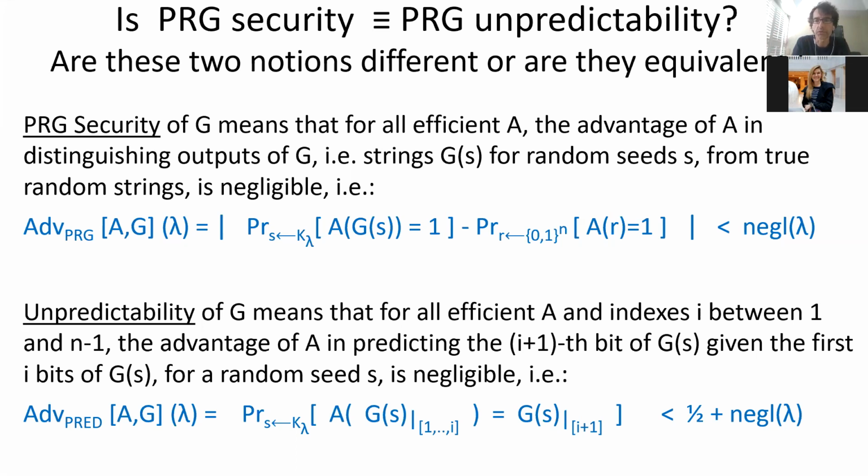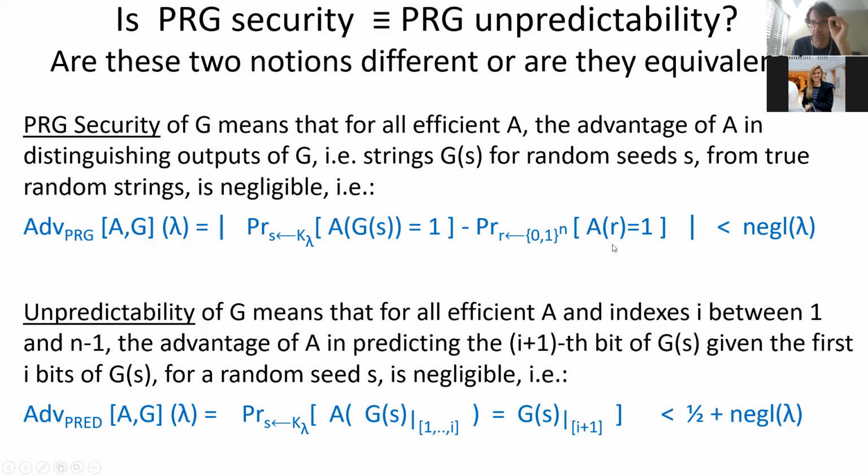Okay, let's hold this intuition, and let's see what is the difference between these two notions. So here is the PRG notion. It says that every efficient statistical test, when you see how he behaves on outputs of G on a random seed, you feed him these G-produced strings in their entirety, and he acts a certain way, he outputs a 1.